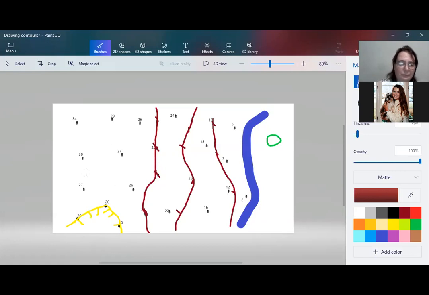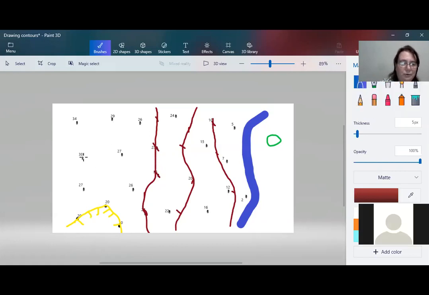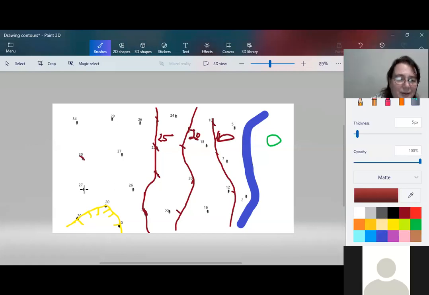All right, so let's do 30. So this is 25, and that's 20, and it's hard to write like this. That's okay, and that's 10. You know what I mean? And so for 30, well, here's 30, 27, 26.